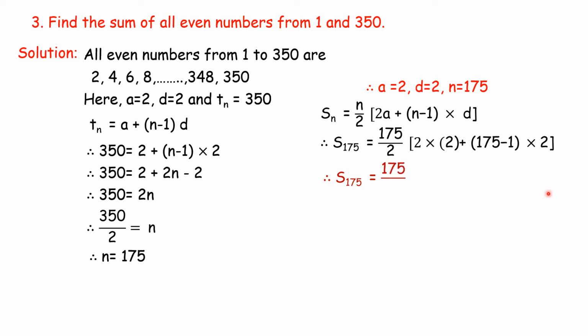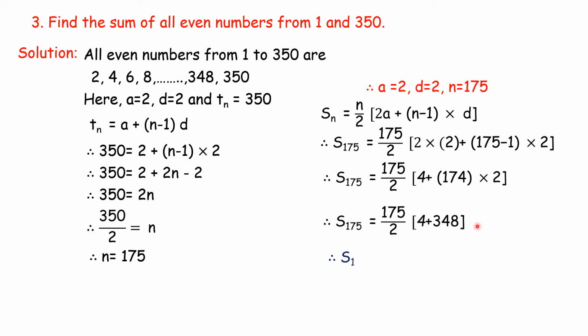Sum of n terms, that is 175 terms, is equal to 175 upon 2 in square bracket 4 plus 174 into 2. Here 4 as it is, 174 into 2 is 348. 4 plus 348 is equal to 352.